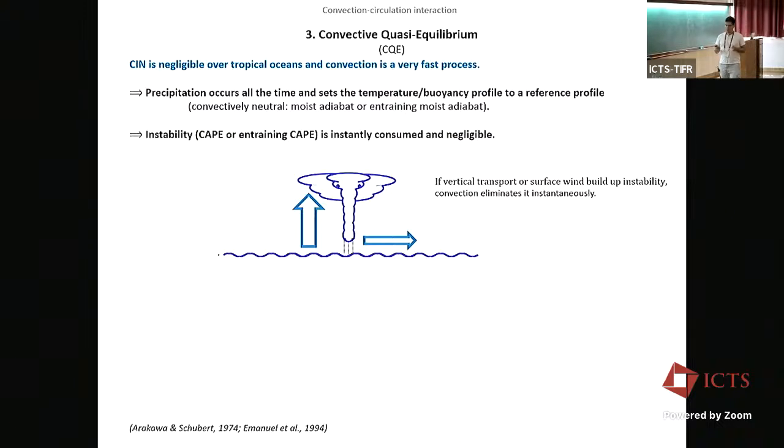So this gives us a very simple image of convection, where you have any kind of large scale forcing. It can be surface fluxes, it can be vertical advection or circulation in general, advecting humidity and temperature. If it creates any instability, then that's consumed by convection and removed.